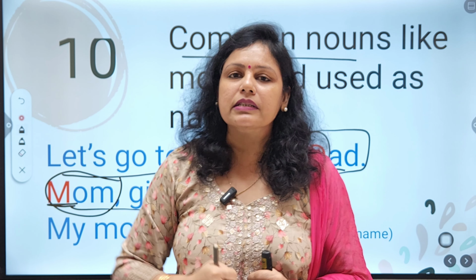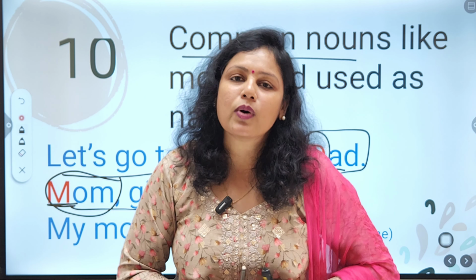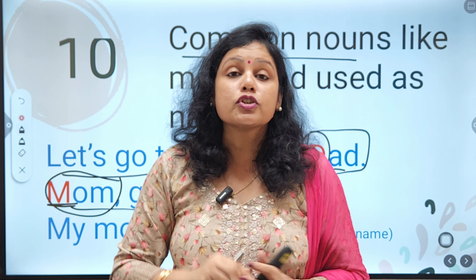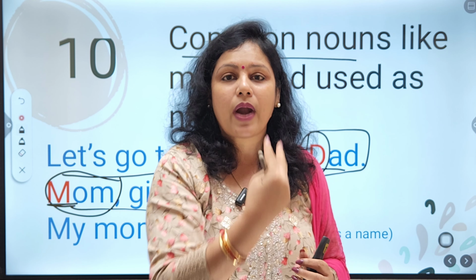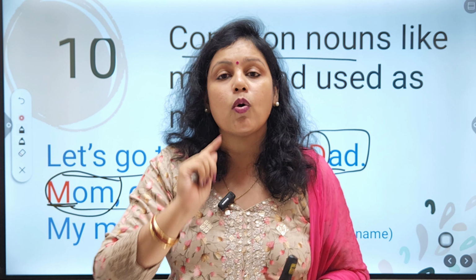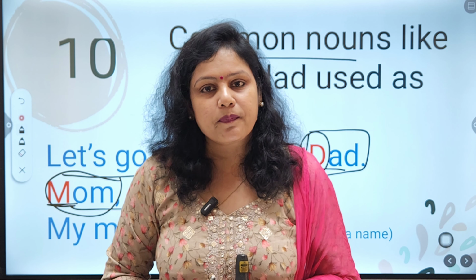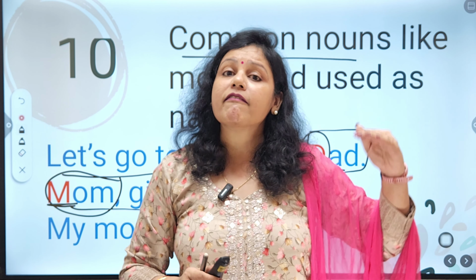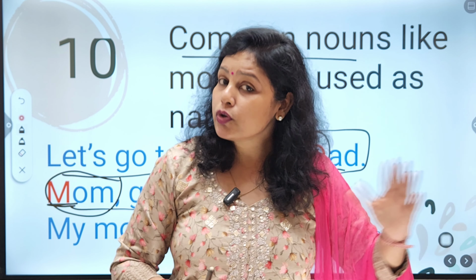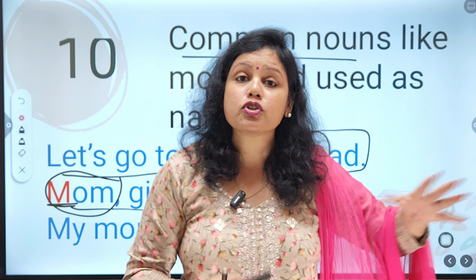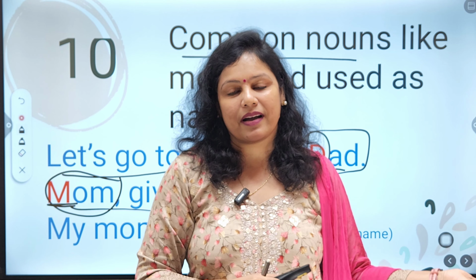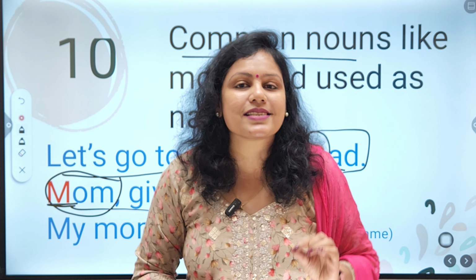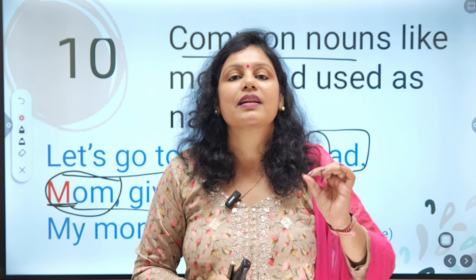Like your grandfather is standing in front of you and you're asking, Grandpa, could you please lend me 10 rupees? So you are talking directly with your grandpa. Here grandpa will always start with the capital G. But if I say my grandpa is a very active person, you're not talking to grandpa, but about grandpa, and that is why here grandpa will not start with the capital letter.